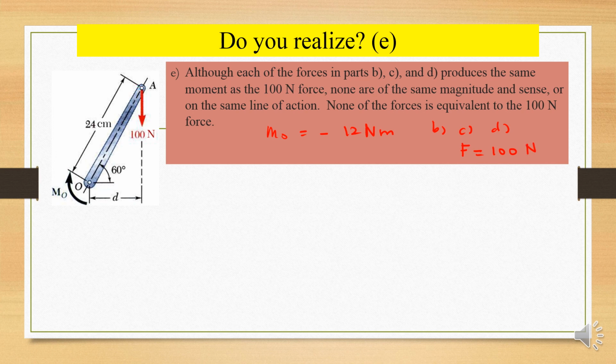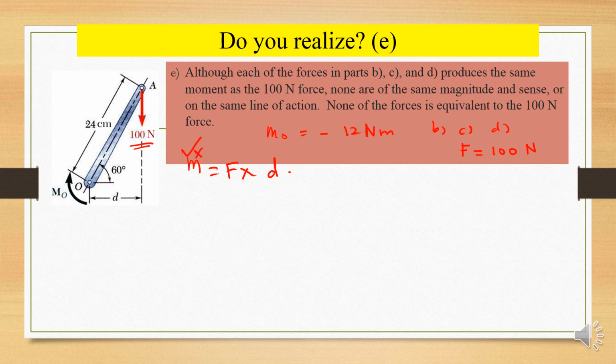Even though it has the same value of the moment, the force at B, C, and D is not the same as the force which is 100, because moment equals F times D. If we change the location of the force, it may affect the D, even though the moment is fixed.